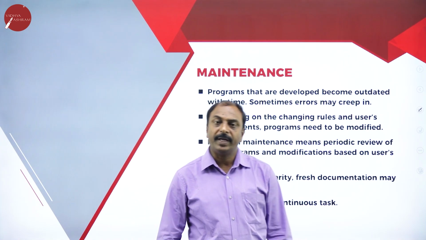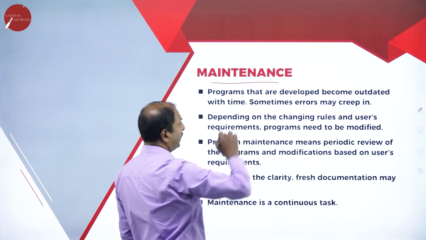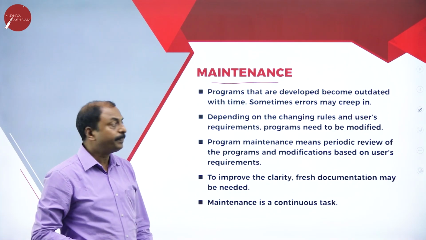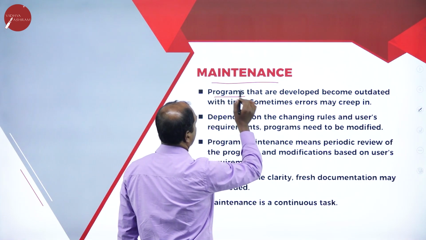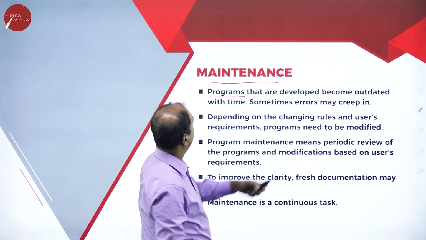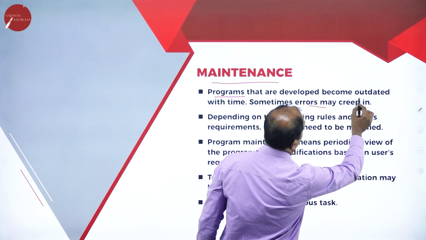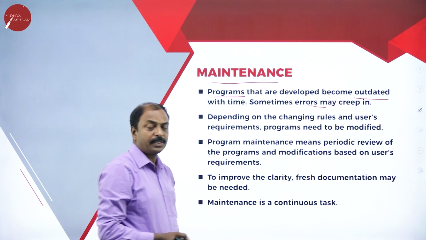Next one is maintenance. Generally, this is with respect to programs. Programs that are developed become outdated with time, and sometimes errors may creep in. What is the meaning of outdated?